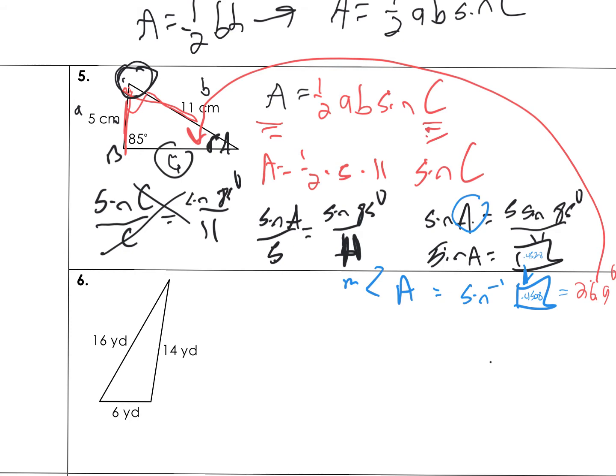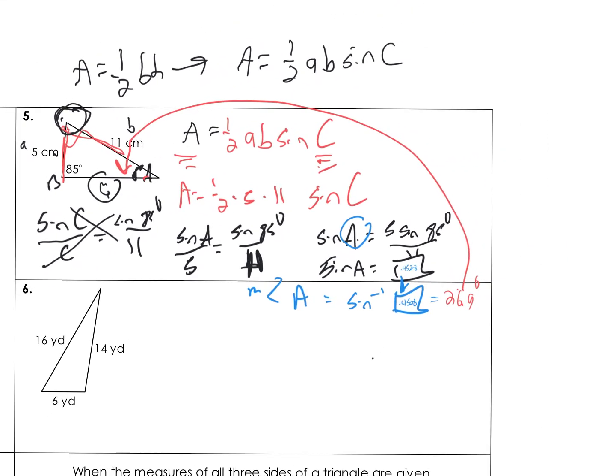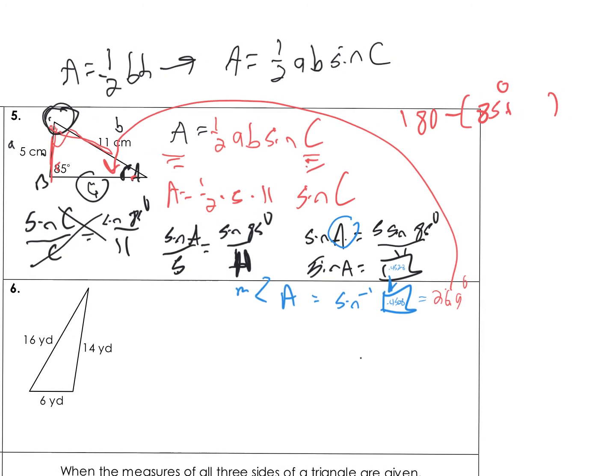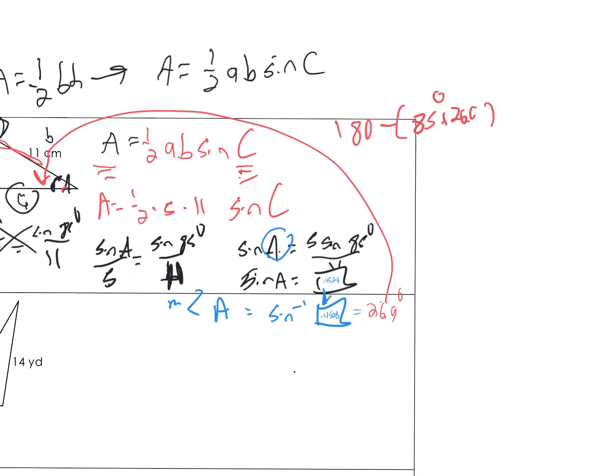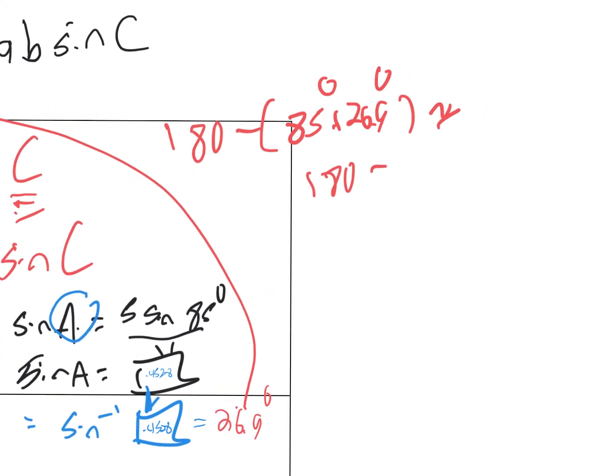So if I know the three angles in the triangle add up to 180, then 180 minus those two angles that I have now, the angles were 85 plus my 26.9, that'll give me approximately, well, let me do 85 plus 26.9, that's 111.9.